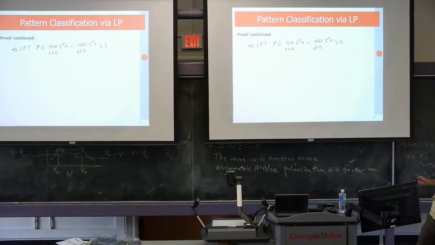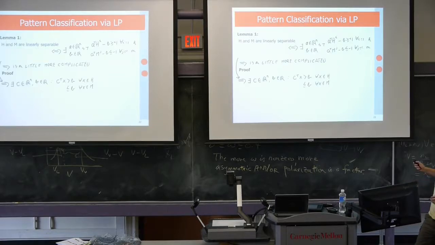How we did that: we created this scalar P, and we divided C by P and multiplied by 2, and that was our A vector. We also constructed a B scalar, and we proved that with this A and B, we will have these two properties. And what's more, it will also be true that the minimum of A transpose H minus B will be 1, and the maximum of A transpose M minus B will be minus 1.